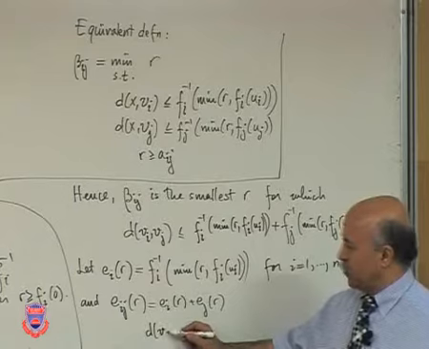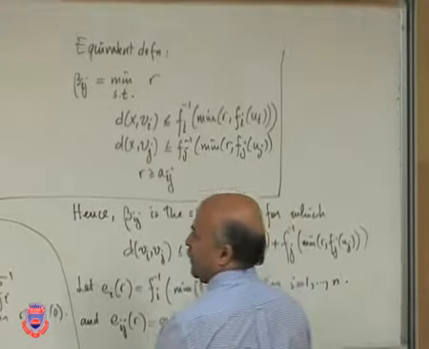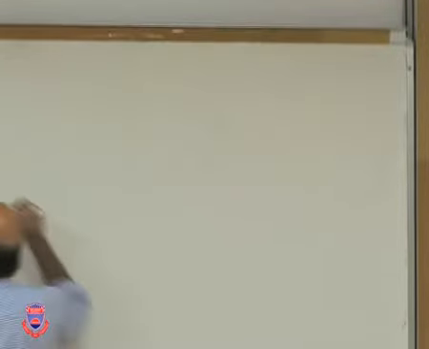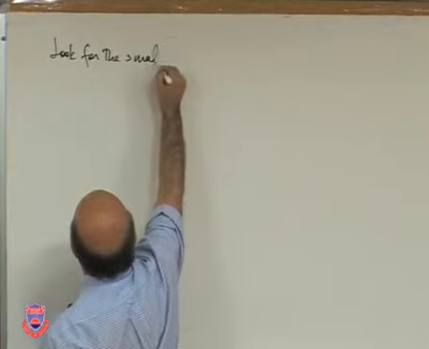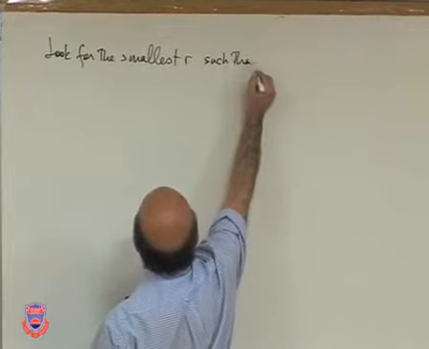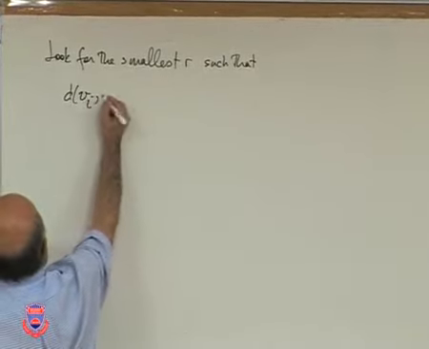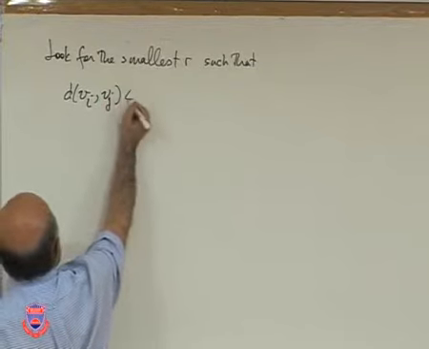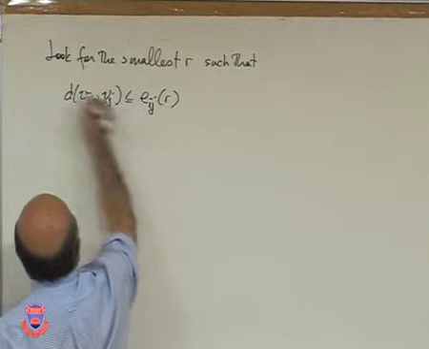We're looking for the smallest r such that the distance between Vi and Vj is less than or equal to Eij of r.